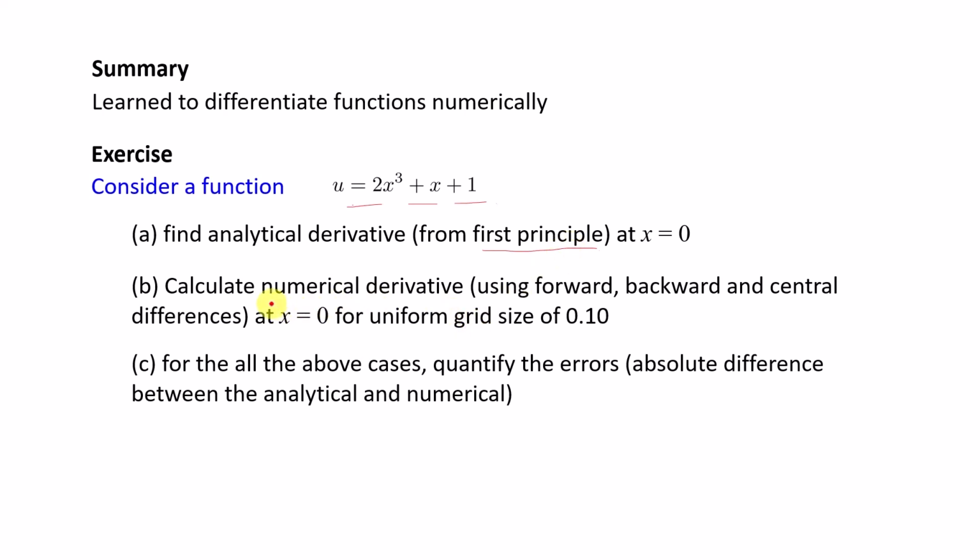Then calculate the numerical derivative at x equals 0 with a grid size of 0.1 using forward, backward and central difference. Finally, you check the error. Error means the absolute difference between analytical and numerical solution.